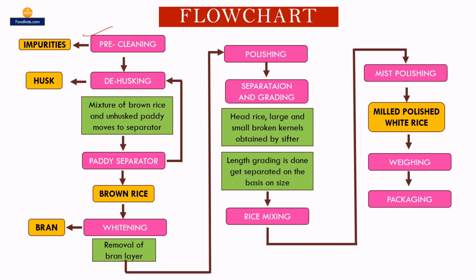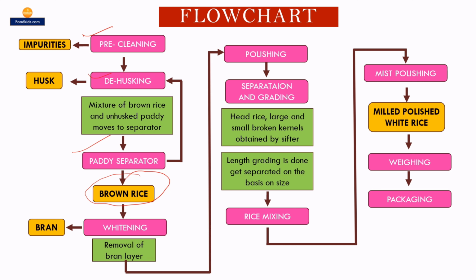And after proper cleaning of paddy, de-husking and de-hulling is done, where removal of husk occurs, after which a mixture of brown rice and unhusked paddy is obtained, which moves to the paddy separation step. In the paddy separator step, unhusked paddy again goes to the de-husking process, and the remaining brown rice gets separated, and finally we obtain the brown rice.